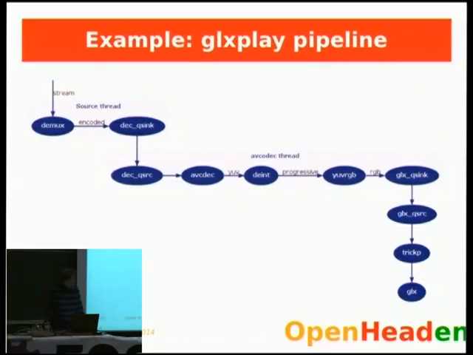The main thread that is running the GLX module, and it has one source thread that reads data from the network and from the file, and one decoding thread that takes data from the source and decodes it to output it finally. So you can see the use of queues here, one queue after the source thread and one queue after the avcodec thread. You can design it the way you want.